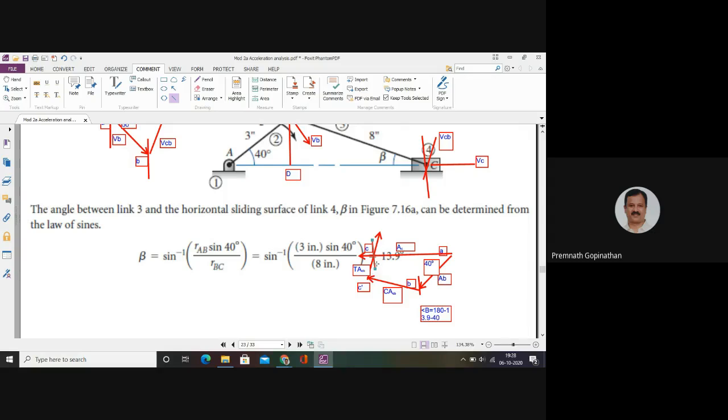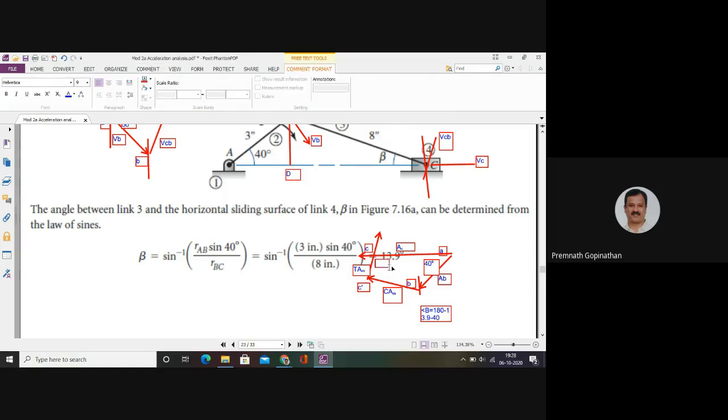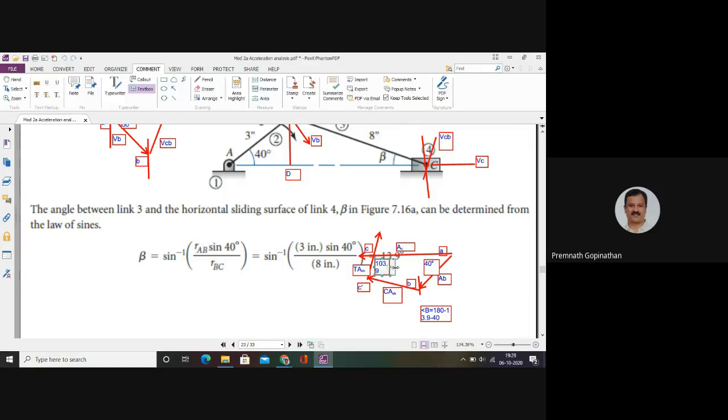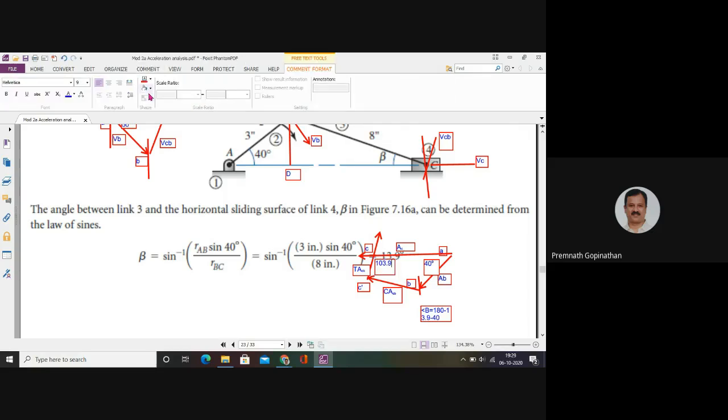Okay, so if I take off this one and show it here, I can mark this particular angle as equal to 90 plus 13.9, that is 103.9 degrees. And at point C dash it will be 90 degrees. So this is how you identify the counter angles.